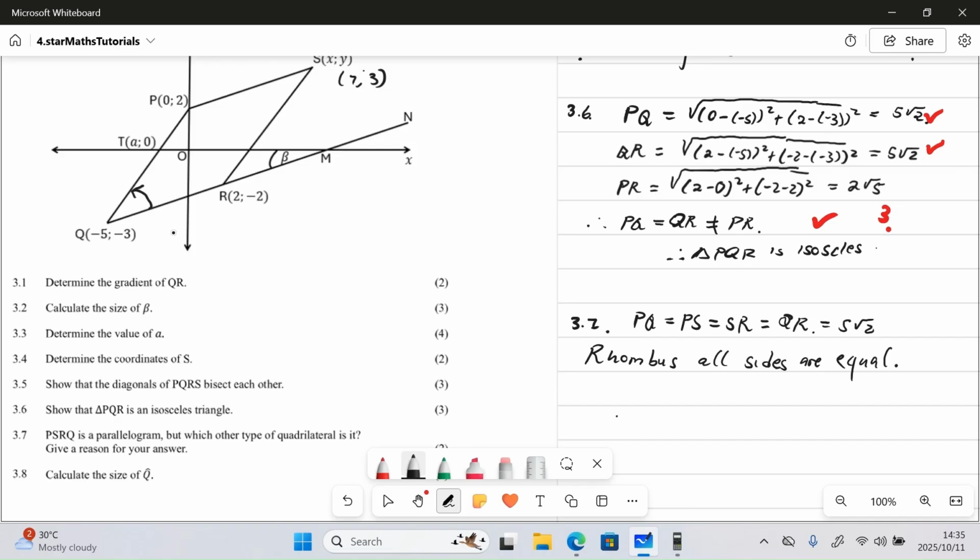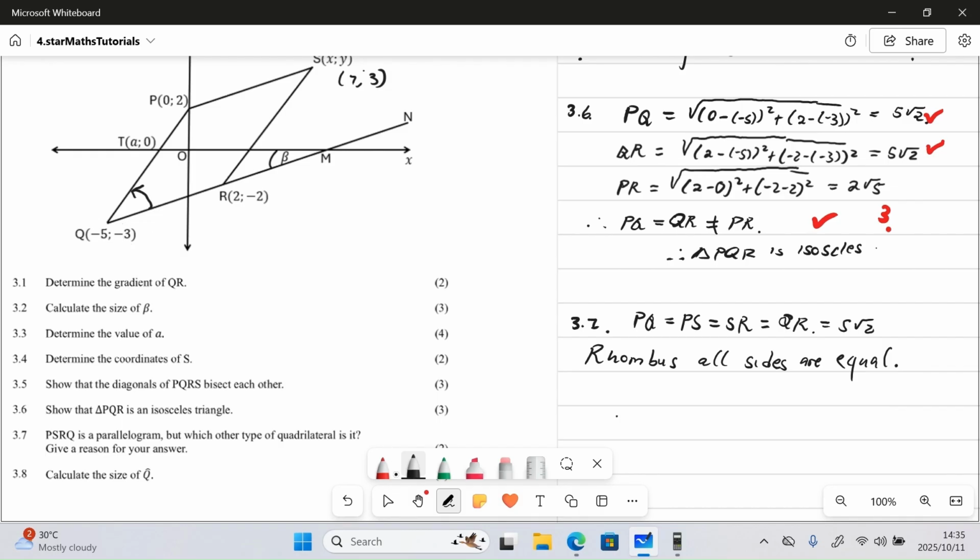Angle Q is an angle between PQ and QN, meaning I must use the angle of inclination of PQ and QN. We don't know how yet, but we are going to find out. We can use it in so many ways. Let me try to draw. Remember the angle of inclination and the gradient are the same throughout.